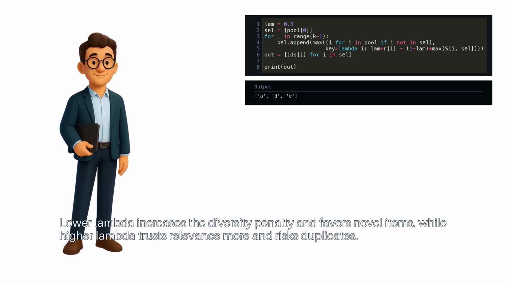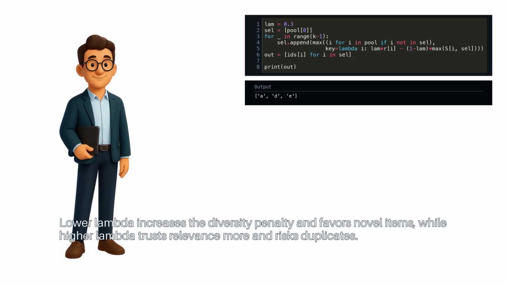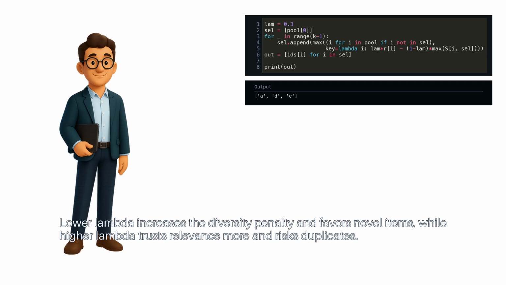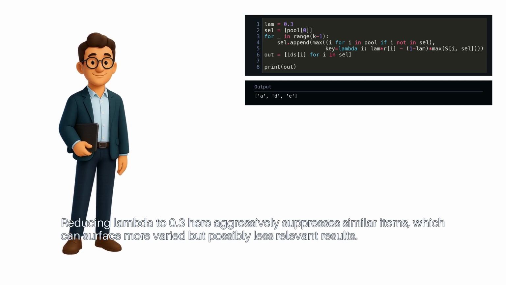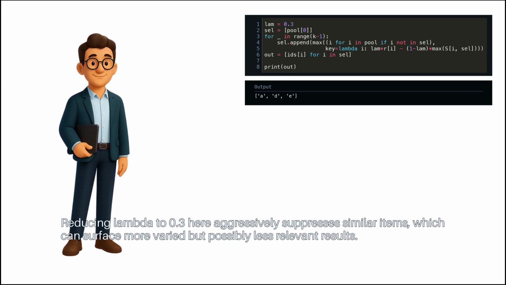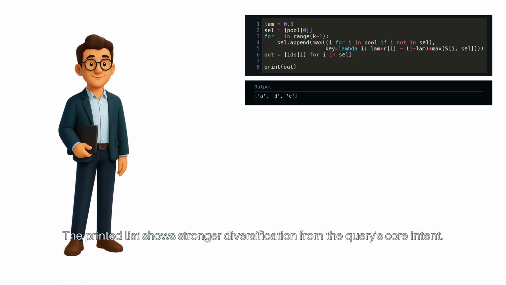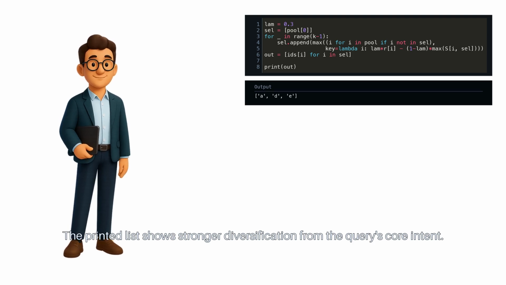Lower lambda increases the diversity penalty and favors novel items, while higher lambda trusts relevance more and risks duplicates. Reducing lambda to 0.3 here aggressively suppresses similar items, which can surface more varied but possibly less relevant results. The printed list shows stronger diversification from the query's core intent.